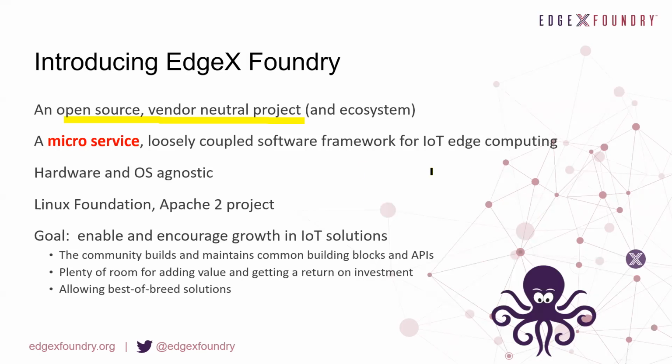EdgeX is what we call a microservice-based architecture. For those of you who are software engineers, that might mean something. For those who are not software engineers, what that means is that we're talking about a collection of very small or minute applications that work together in a loosely coupled fashion, meaning they're not directly tied to one another, to provide for edge computing. And what does that mean? What is edge computing all about?